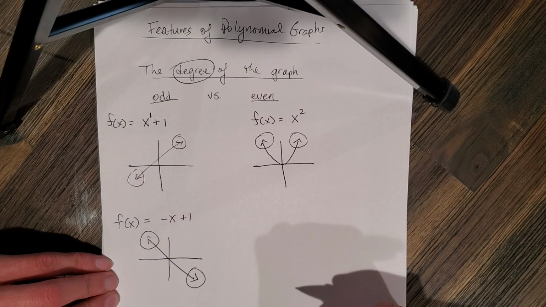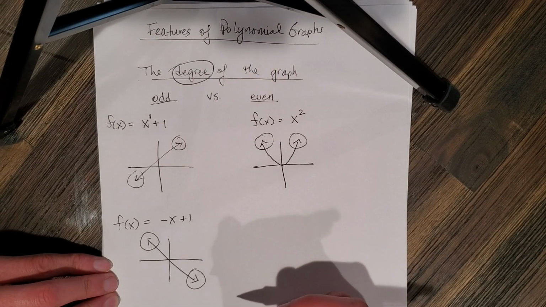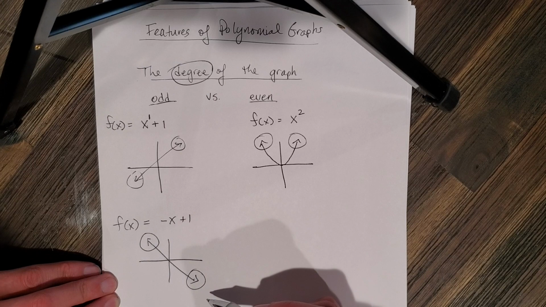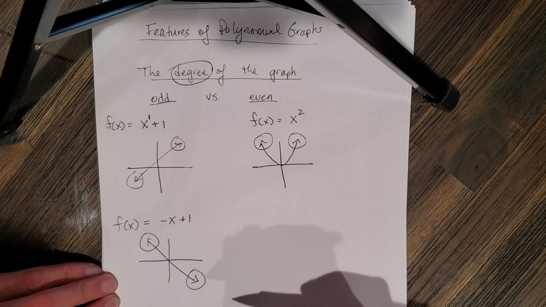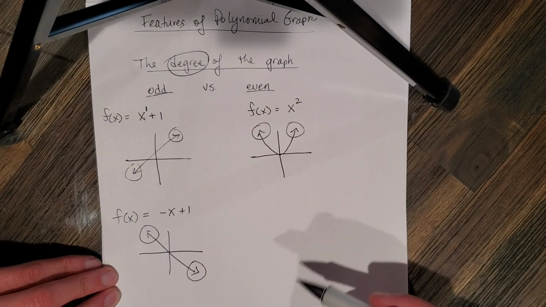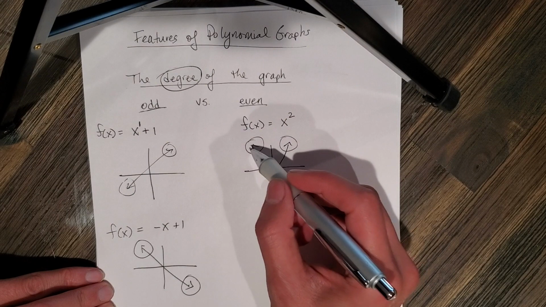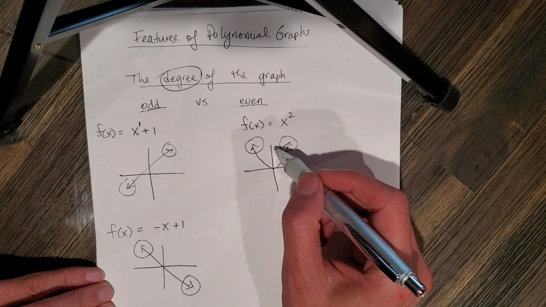So the degree can be found on the graph by just looking at the ends of the graph. If the ends are going in opposite directions, then we say the degree is odd. If the graph ends are going in the same direction, then we say that the degree is even.